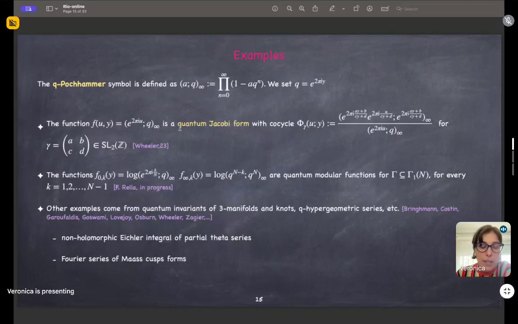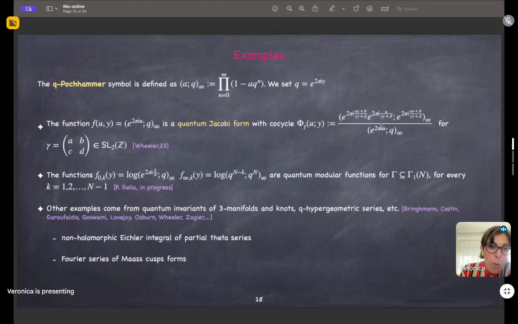But one thing that you can see in this example is that if you are familiar with Jacobi forms, you typically know that the invariance is given by acting with gamma on both variables u and y. And here is precisely what's going on. If you see how this cocycle is defined, how the failure of modularity is described, you see that you have these exponential terms here, which are responsible for the action of gamma on the parameter u.